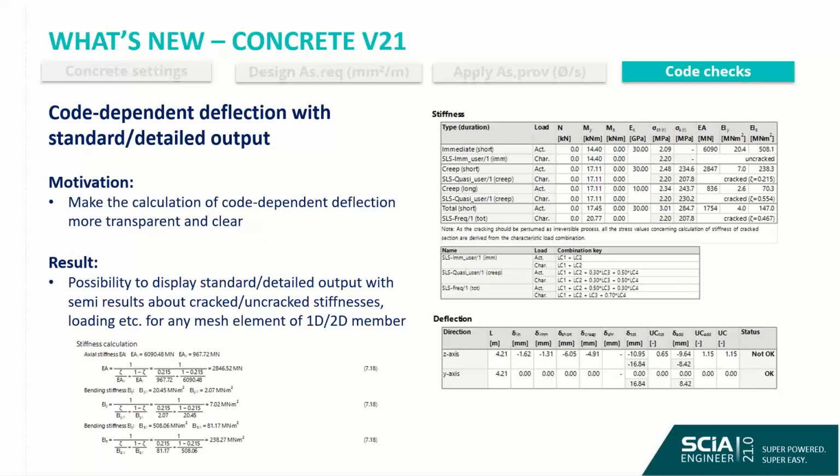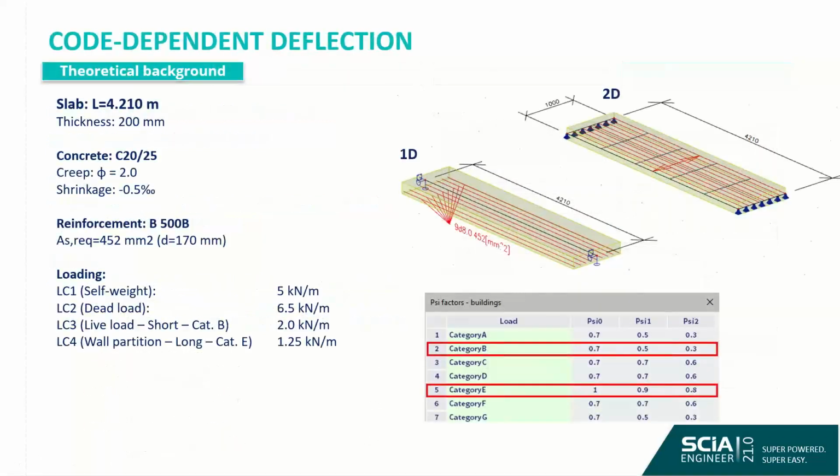That part is related to the calculation semi-results, and then we present also the deflection itself. And in the detail output, you even find more details on how it's really calculated. Okay, so that's a quick summary.